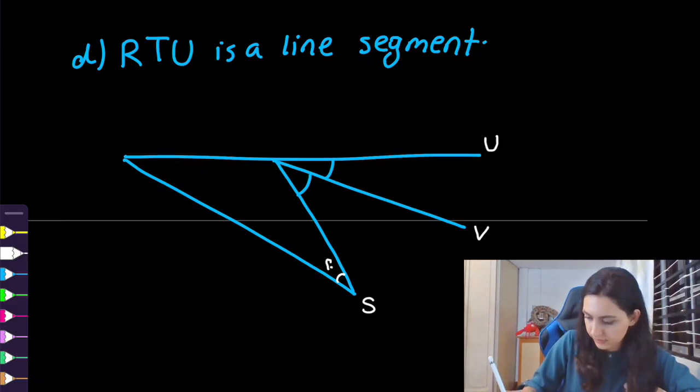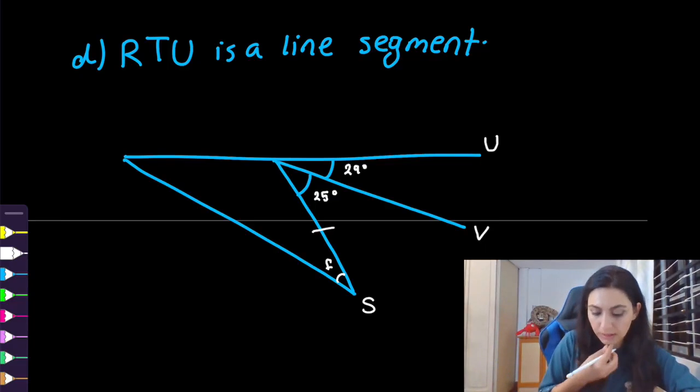F. This one is 25 degrees. 29. This part is equal to that part. So the two sides are equal, which means it's an isosceles triangle. This is T. This is R. Yeah, I'm not missing anything.